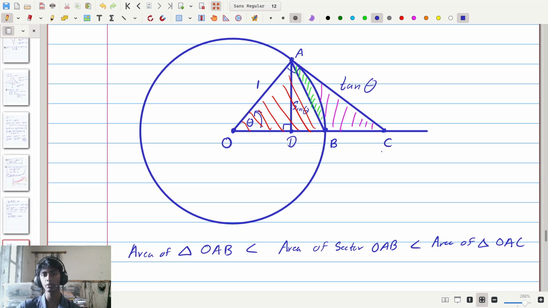We can clearly see that because between the triangle OAB, which is the red area, there's an extra bit of area, the green area, which is also there in the sector, this curved part of the circle here, OAB.